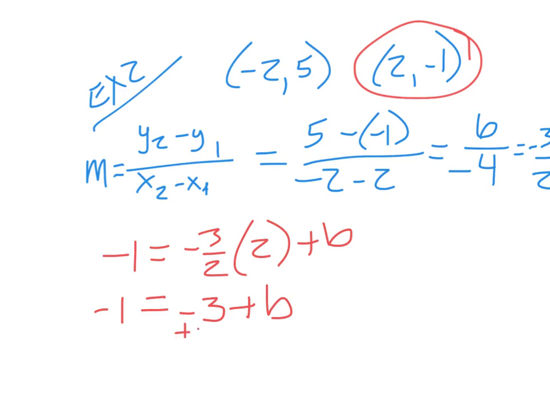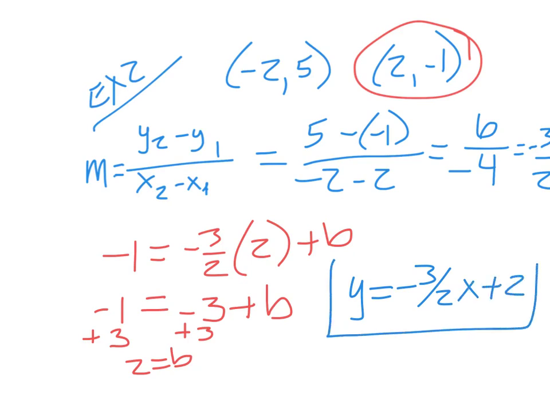So then I add 3, so I get 2, so b equals 2. So then I rewrite the equation, y equals negative 3/2 x plus 2. Any questions on that?